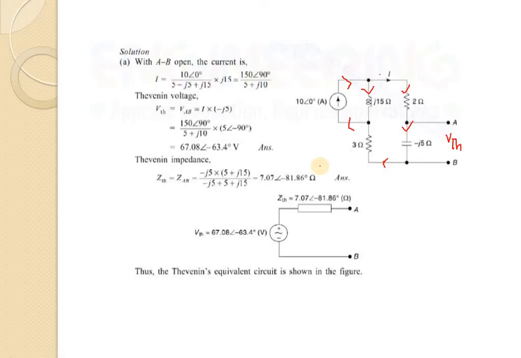So the current across this AB terminals will be definitely total current 10 multiplied with opposite parallel resistance. So here opposite parallel resistance is J15.